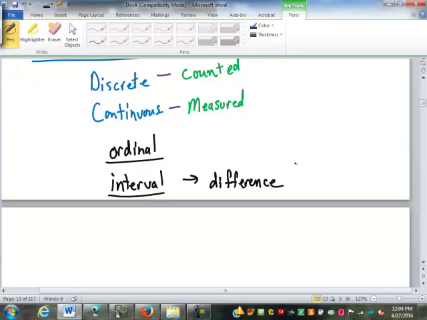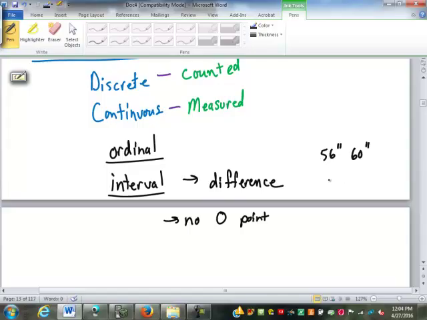Height might be a good example. That's kind of fuzzy, but nobody out there is 0 inches tall, so there is no 0 point. That's a characteristic of interval measurement. So if you have a person who is 56 inches and a person who's 60 inches, the 60-inch person is 4 inches taller.